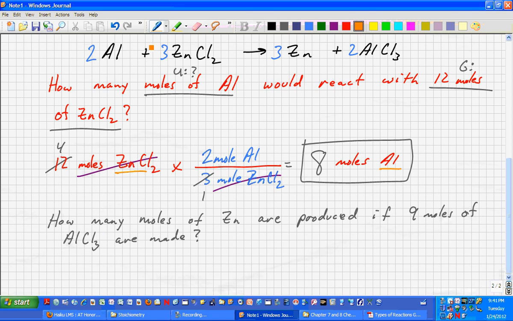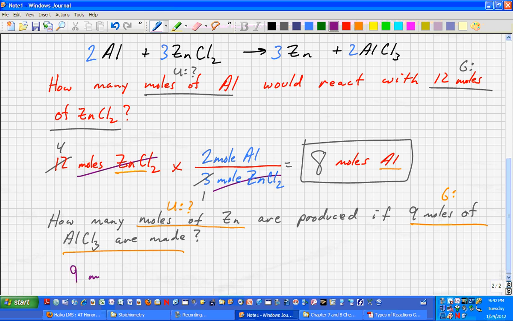Got my balanced equation up here. My recipe is up there. So my given is here, 9 moles of aluminum chloride. My unknown is the moles of zinc. I'm ready to go ahead and write out my setup.